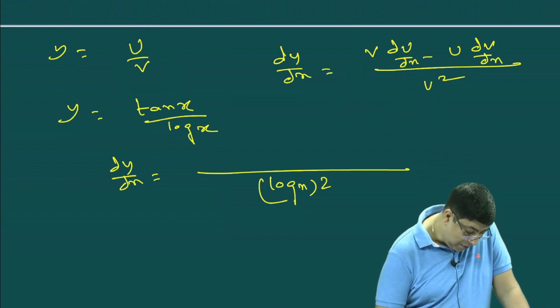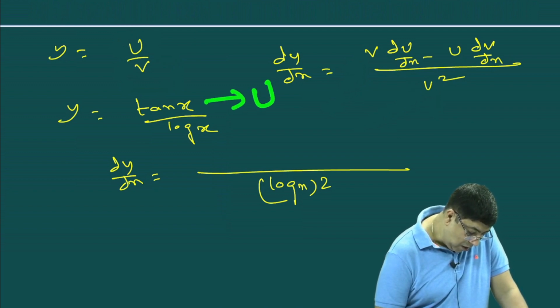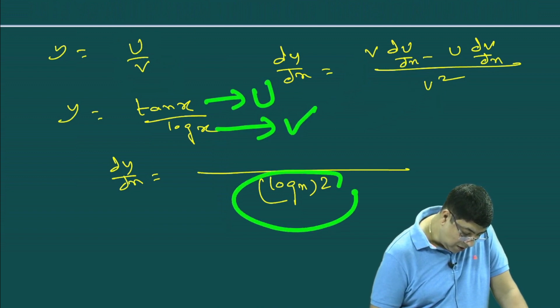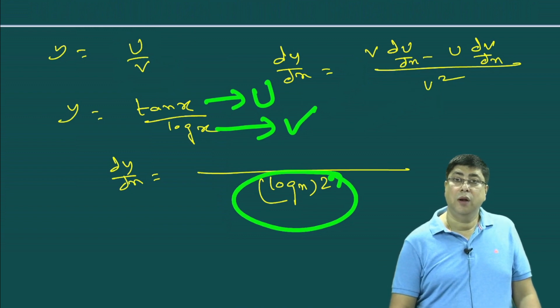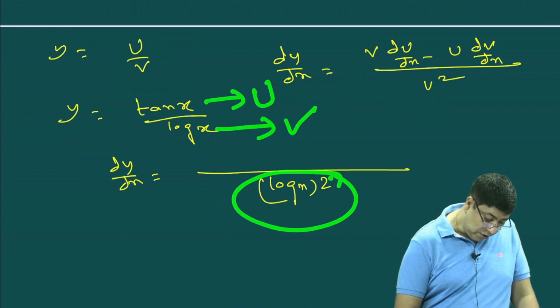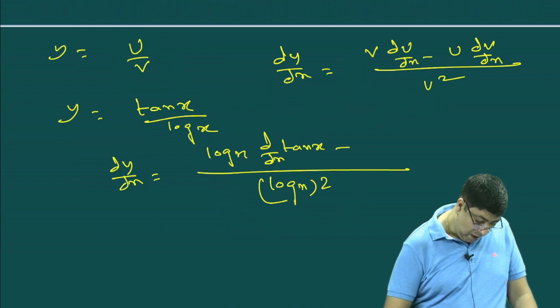Log x is v, this is u, this is v. So the denominator is v square, whole square of log x. Now the denominator is the constant. Therefore we can write v and the derivative of tan x as u, minus tan x, u constant, derivative of v.